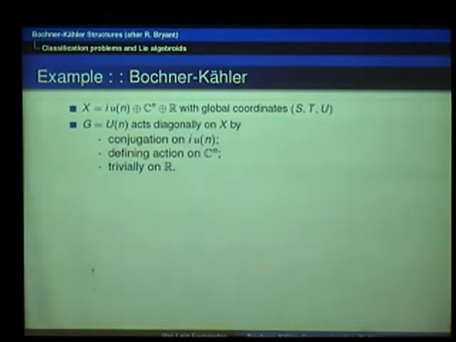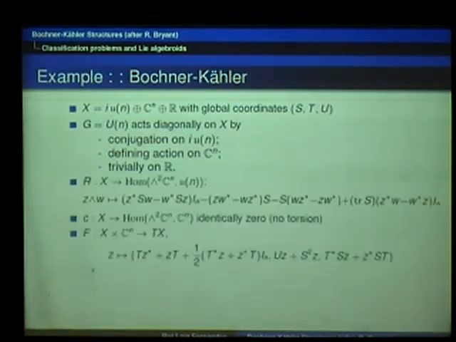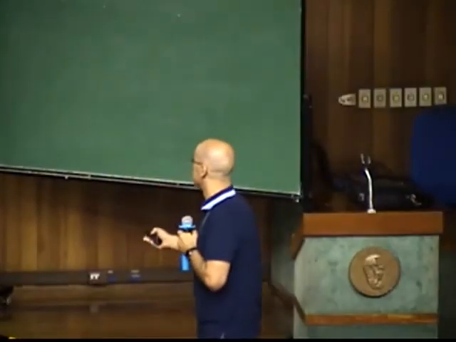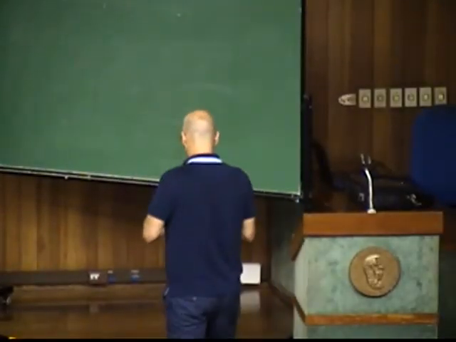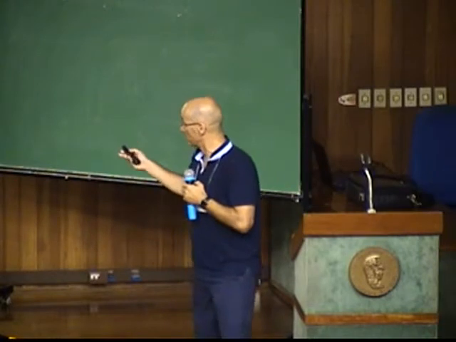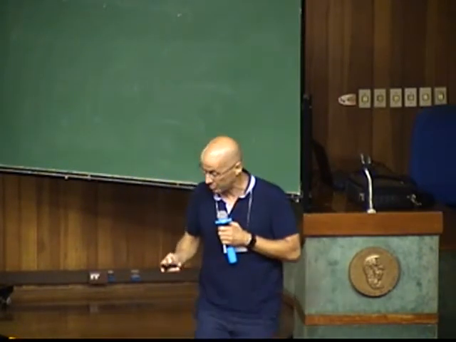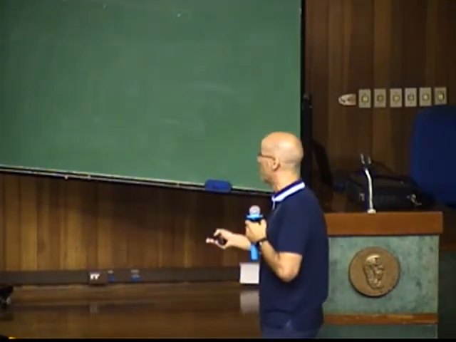It acts on X diagonally, by conjugation on the matrices, by the defining action on C^n, and trivially on R. And then these are the expressions that you get from the equations that I wrote before for the R, for the F, and the C is 0 since there is no torsion. So it's some complicated functions. And so the classification of Bochner-Kähler metrics amounts to solving this Cartan realization problem. That's what I told you before.